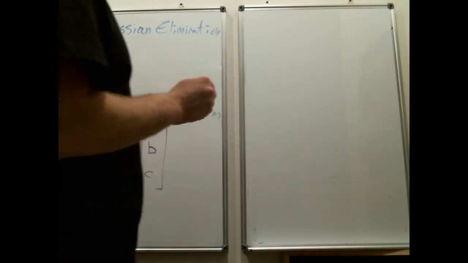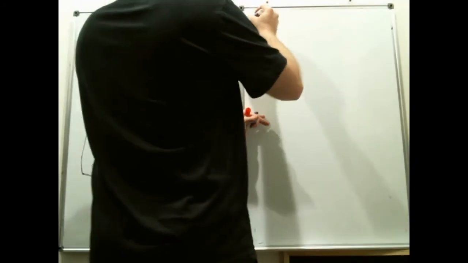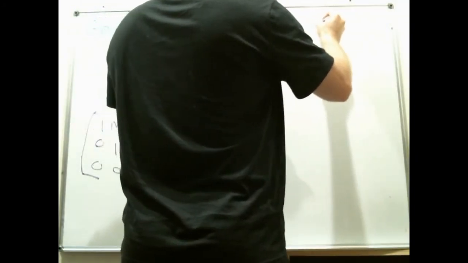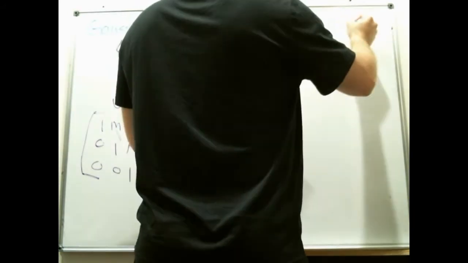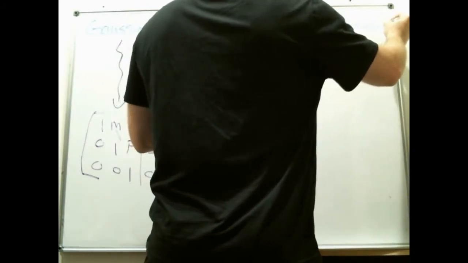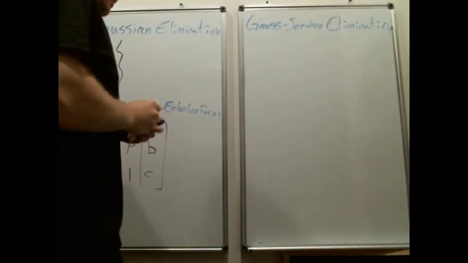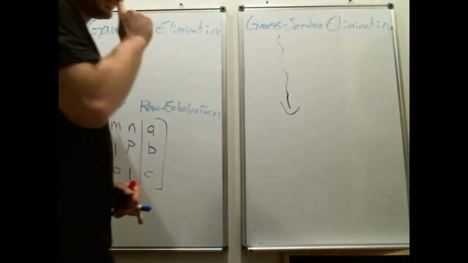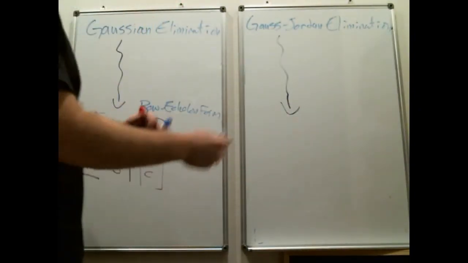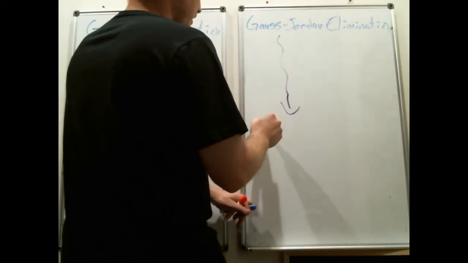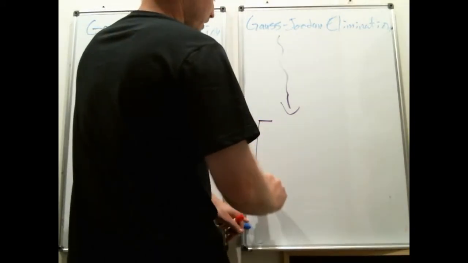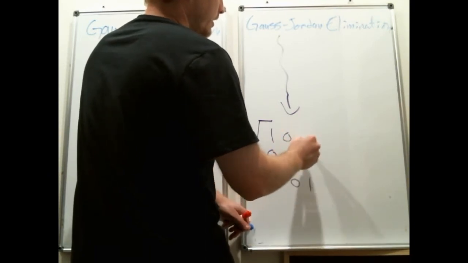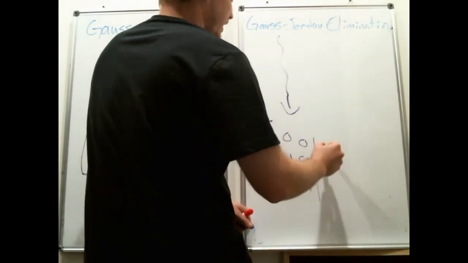So let me show you. Over here, this is called Gauss-Jordan elimination. And so we do all the same work, and like I said, the only thing that changes is what we do at the very end, and I can show you later what that is. So we wind up with our diagonal 1 with all zeros below and all zeros above.